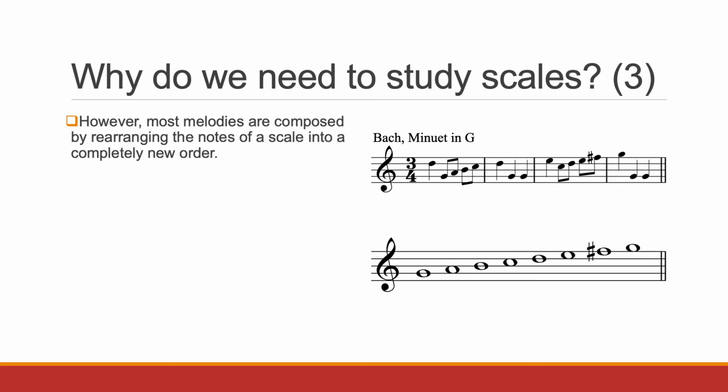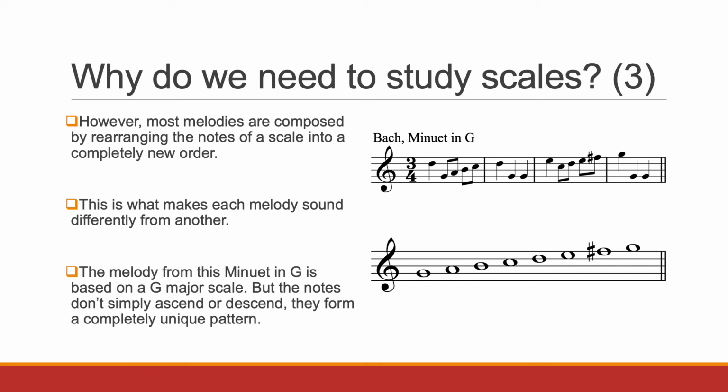However, most melodies are composed by rearranging the notes of a scale into a completely new order. This is what makes each melody sound different from another. The melody from this minuet in G is based on a G major scale, but the notes don't simply ascend or descend, they form a completely unique pattern.